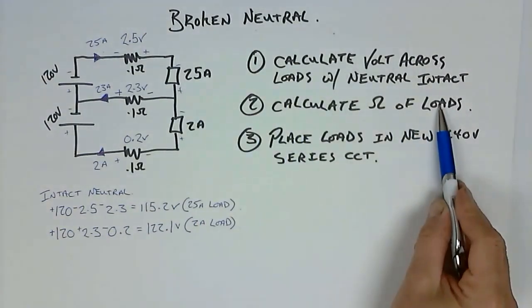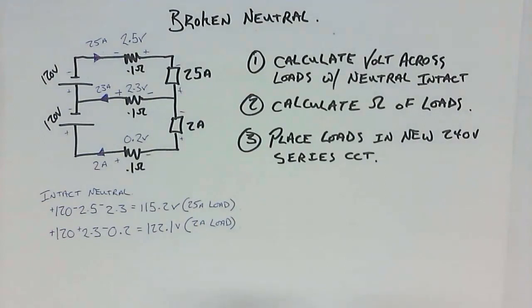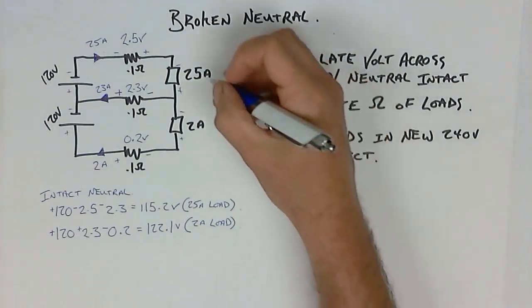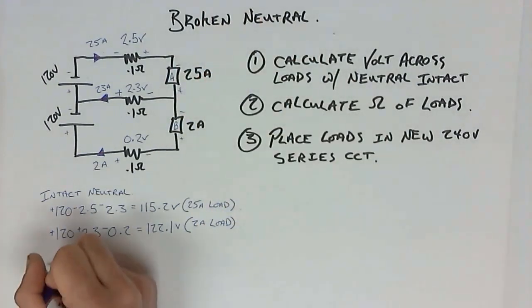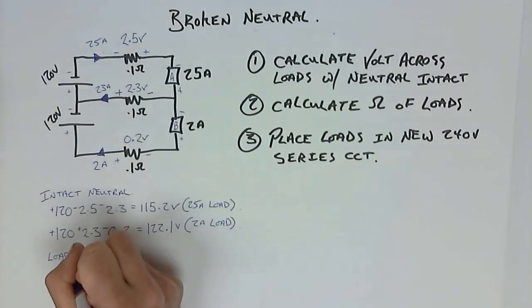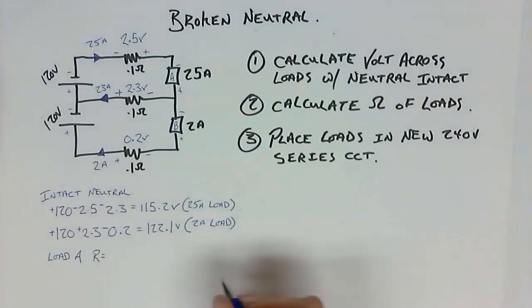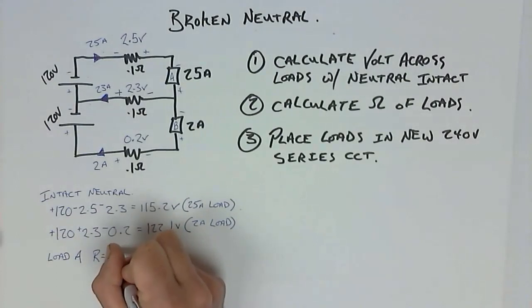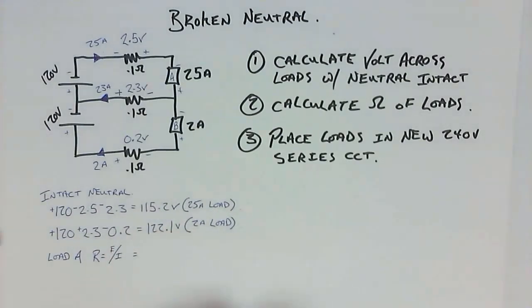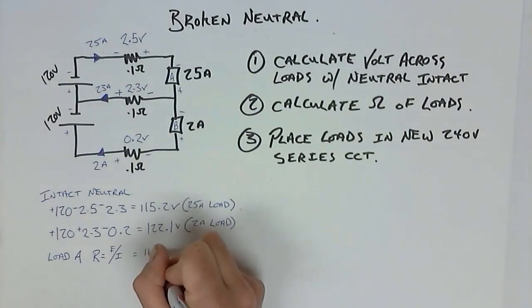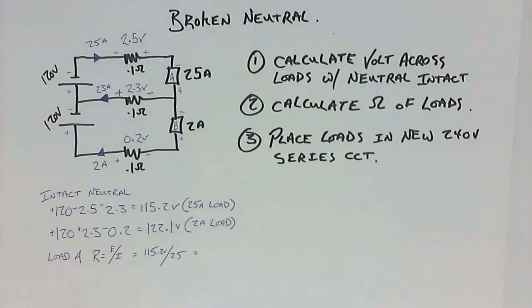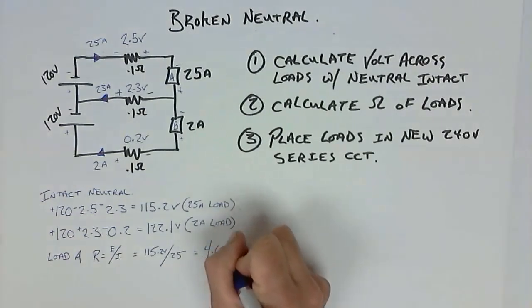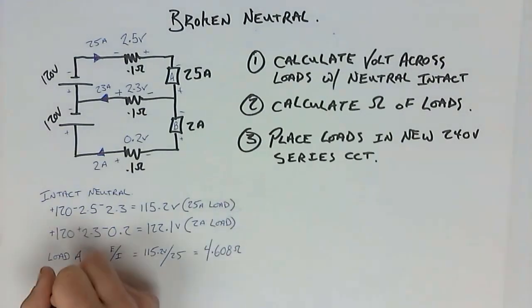Second step, calculate the ohms of the loads. I'm just going to label them now. I'm going to say load A and load B. Load A, R is equal to E over I, which means 115.2 volts divided by 25, 4.608 ohms.